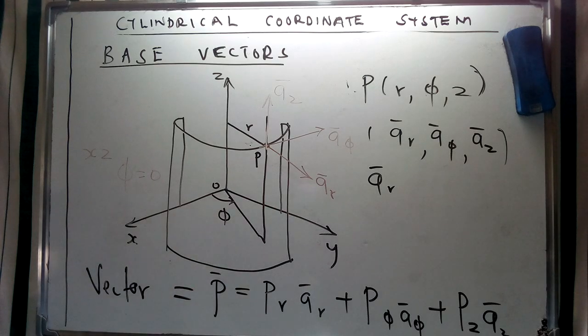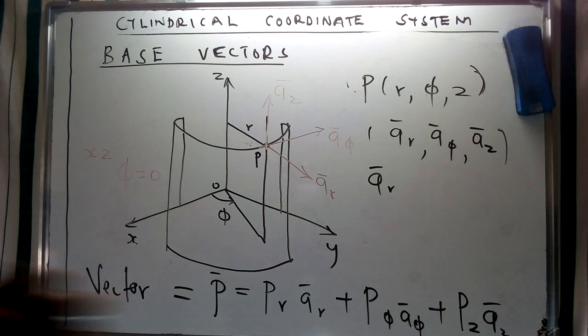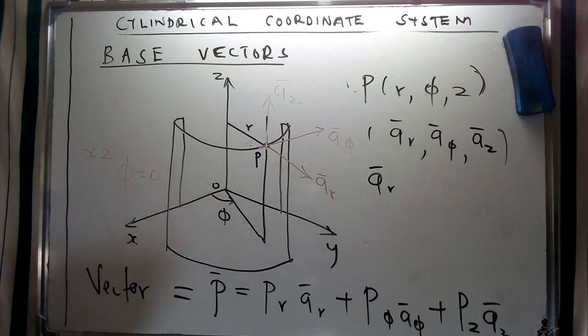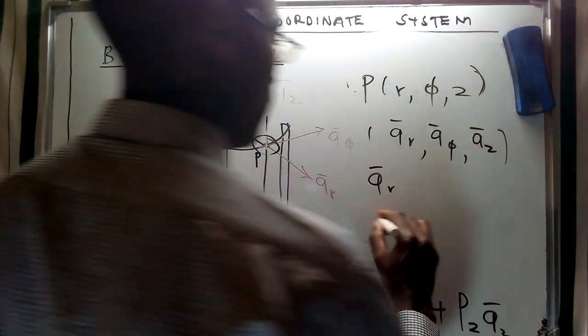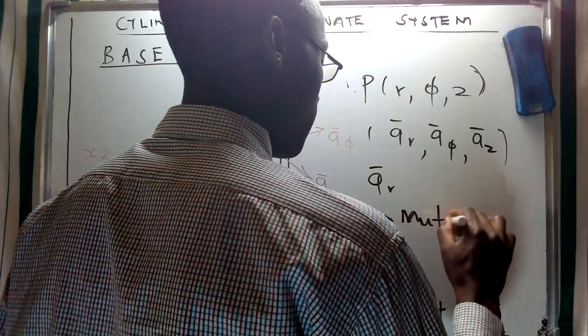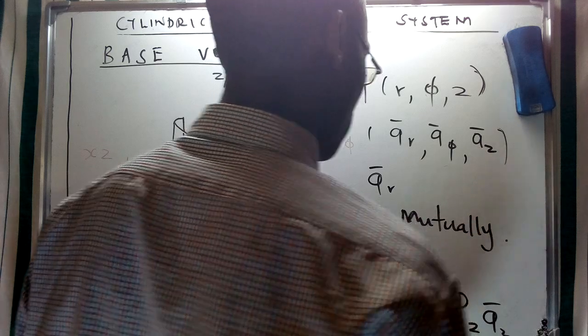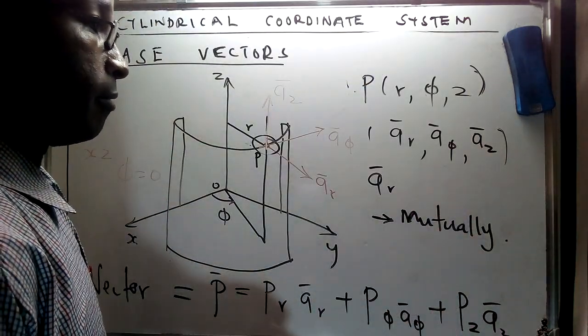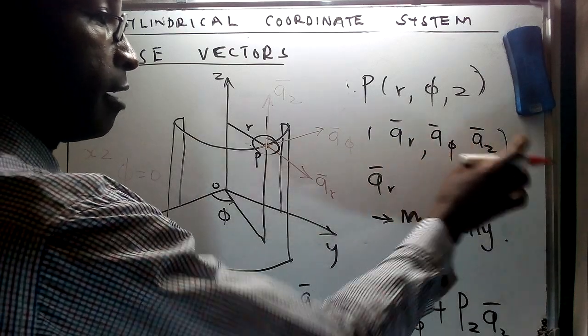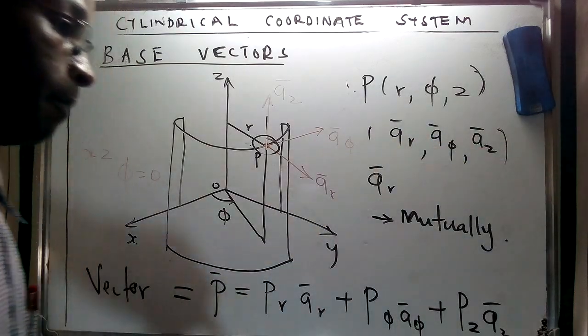So I hope that, in collaboration with the first two videos that we have done on the spherical and rectangular, or Cartesian, coordinate systems, this is going to help us appreciate the definition of these specific vectors. We have said that these are mutually perpendicular, which means that they form right angles with each other for r, phi, and z respectively.